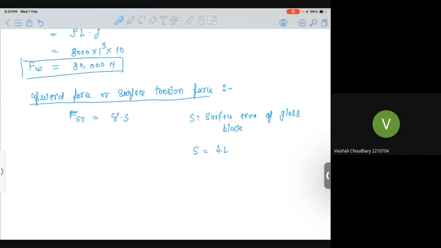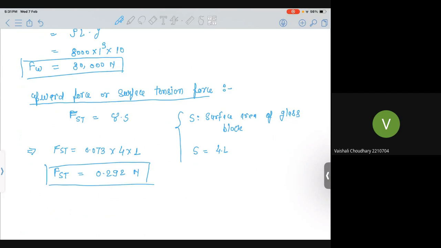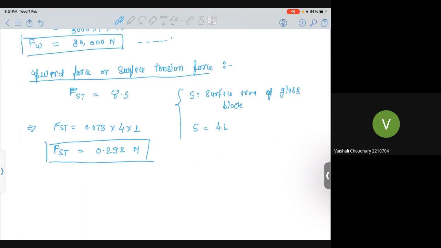So if you put the values of surface tension coefficient, which is 0.073 into 4 times L, where L is 1 meter, we'll get a surface tension force of 0.292 Newton. Okay.